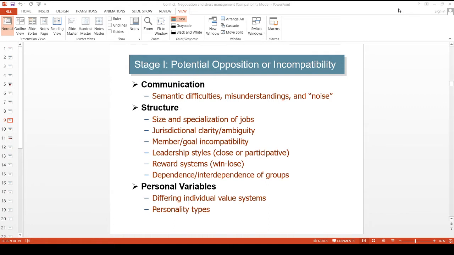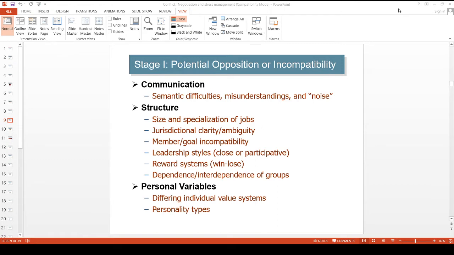In the case of participative leadership, there will be fewer chances of conflict within the group or team. But whenever your leader is a closed leader and does not believe in the participation of different individuals, there will be more chances of conflict.